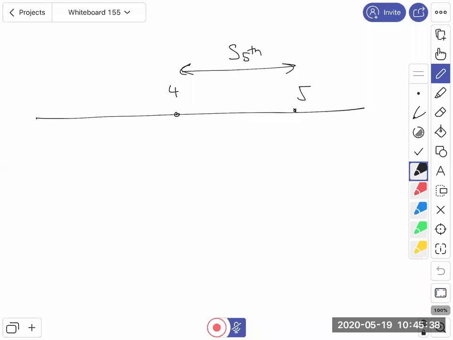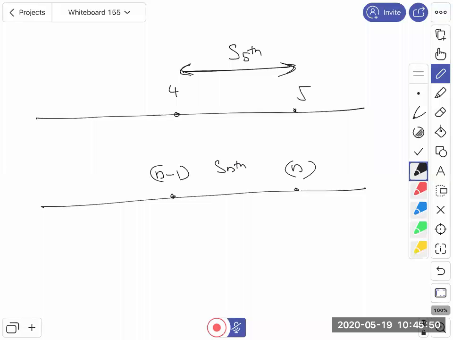So same as that, displacement in the nth second means distance traveled from n minus 1 second to n second. 5th means 4 to 5. 6th means 5 to 6. So nth means n minus 1 to n. Is it clear?